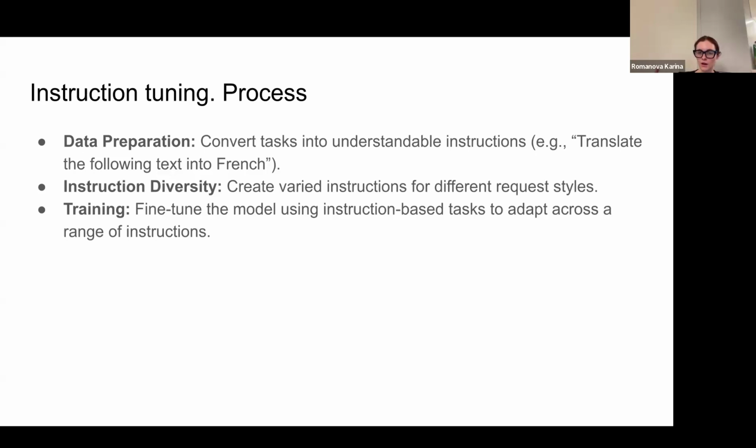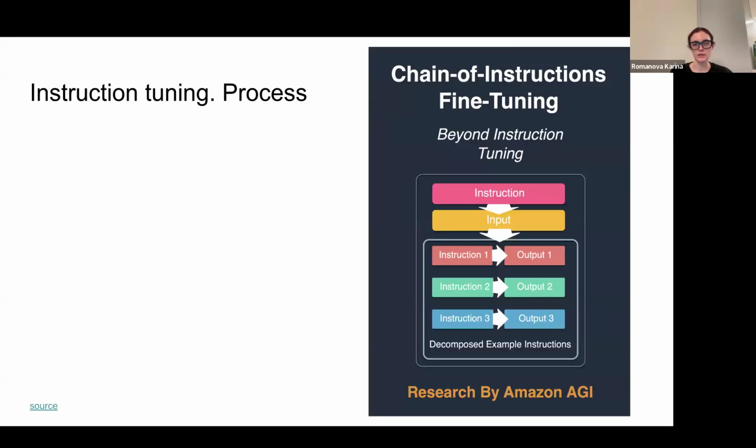Then we evaluate the model's performance on a validation set to ensure it correctly interprets and follows instructions. And in the final stage, we refine the model based on evaluation results, which may involve additional training or data augmentation to address identified weaknesses.